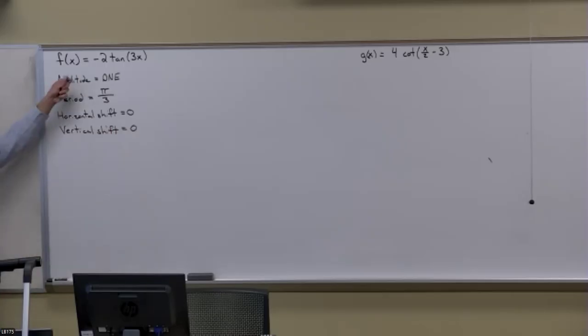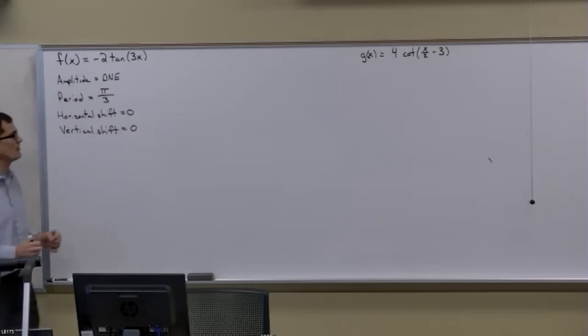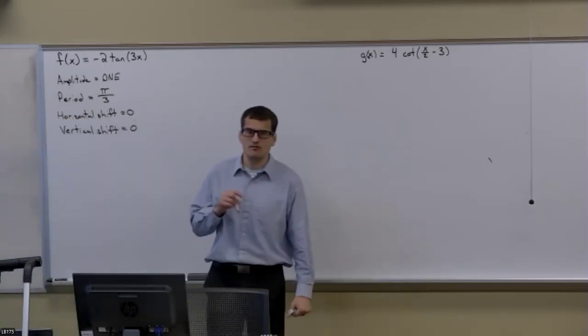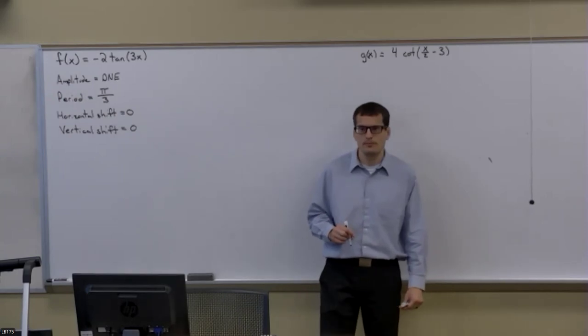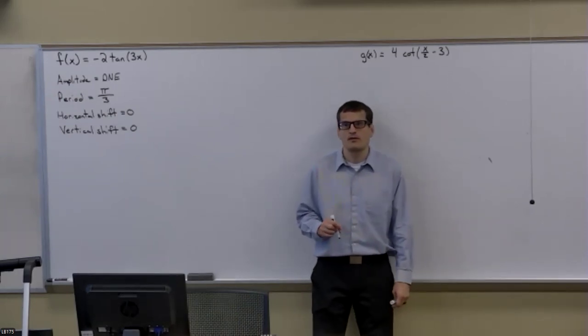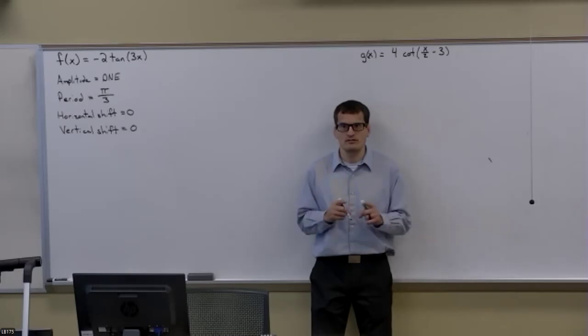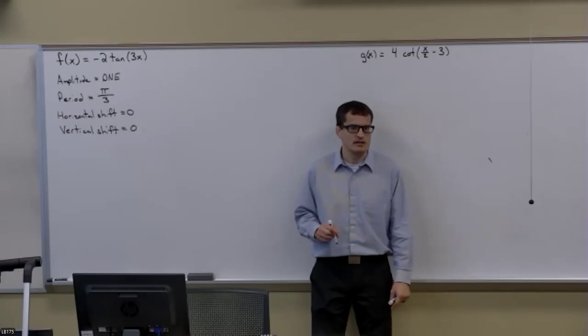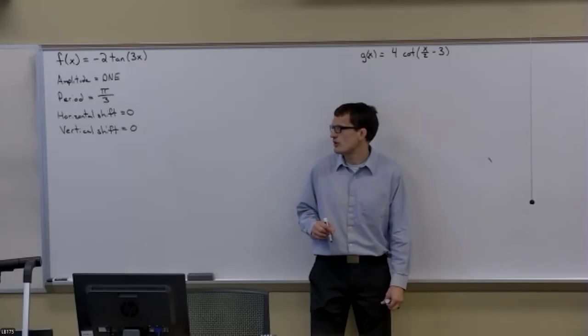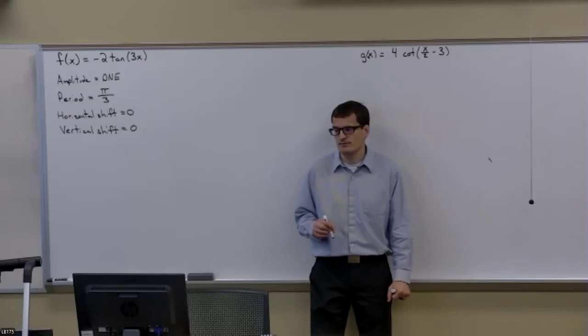There is a stretch vertically. Technically, it's a flip and a stretch because it's -2. So there is a stretch vertically by a factor of 2, and then a flip across the x-axis. There's a shrink horizontally by a factor of 3. That's what changed our period. There we go.